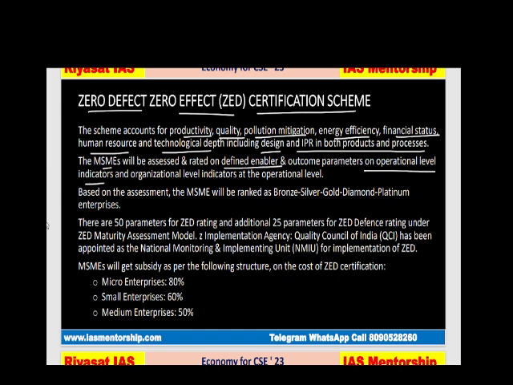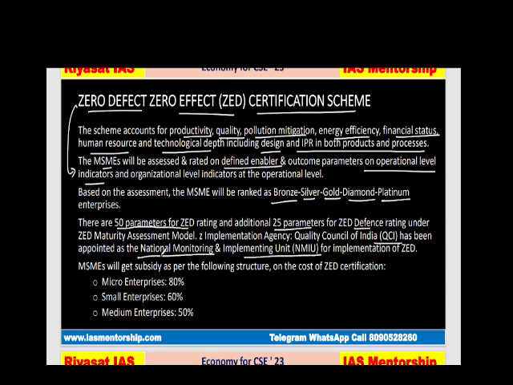operational level indicators. The MSMEs will be ranked on their products and processes, on how much better they are. This ranking will be as Bronze, Silver, Gold, Diamond and Platinum enterprises. The ZED rating is made of 50 parameters, with additional 25 parameters for ZED defense rating under the ZED maturity assessment model. The implementation agency will be the QCI, Quality Council of India, which we have already learned in the previous slide, and this QCI has been appointed as National Monitoring and Implementation Unit for ZED.